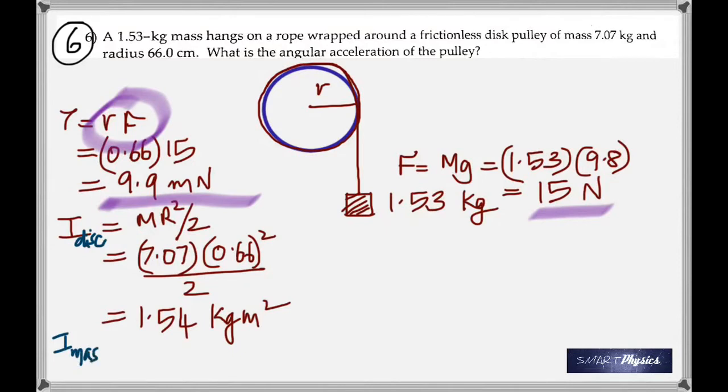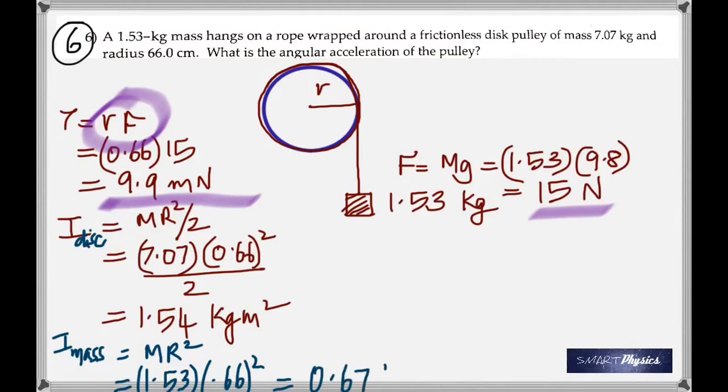Now let's find the rotational inertia of this mass that's hanging down there. It's mr squared. The mass is 1.53 kilograms and it's at a distance equal to the radius. So that has a rotational inertia of 0.67 kilogram meter squared.